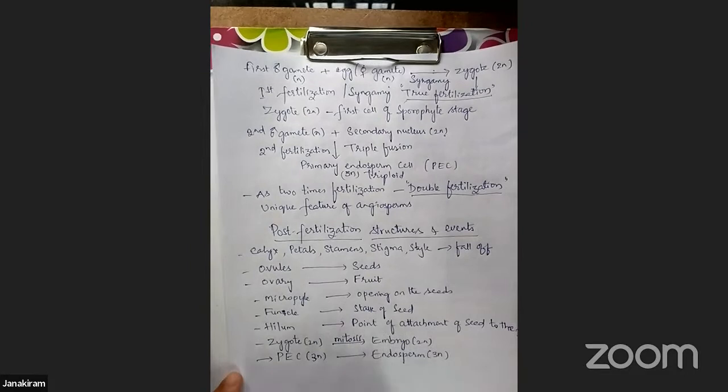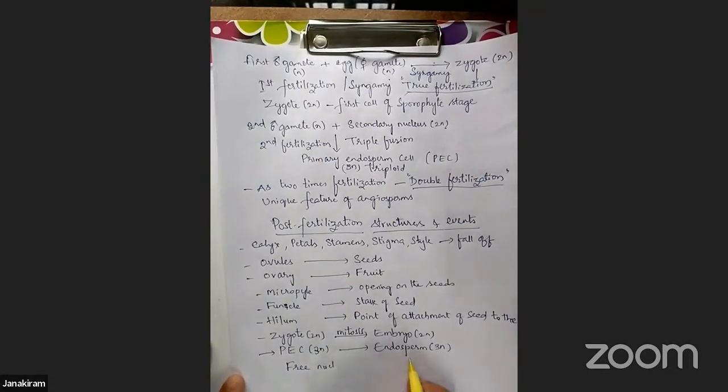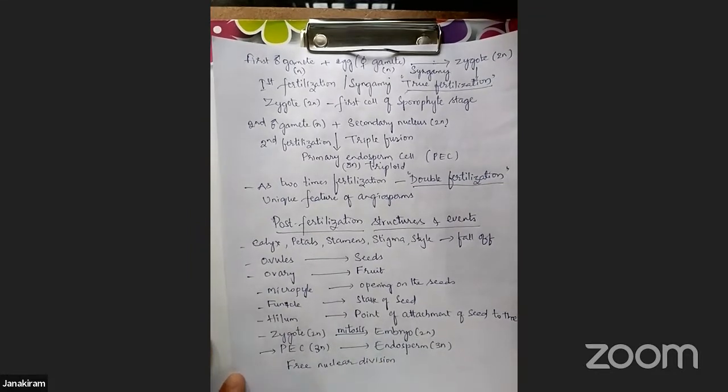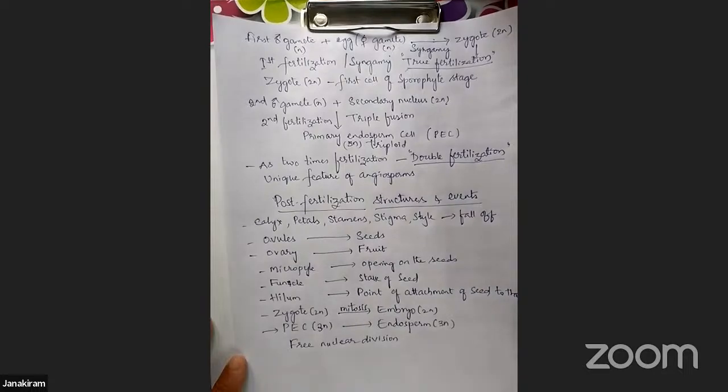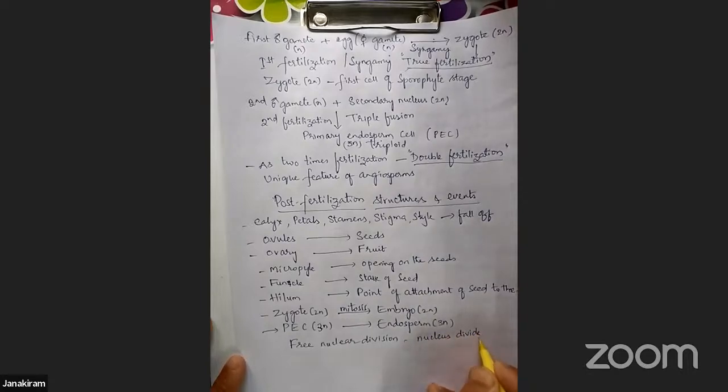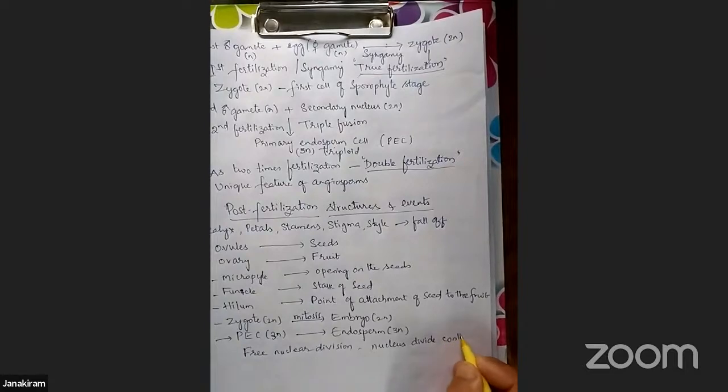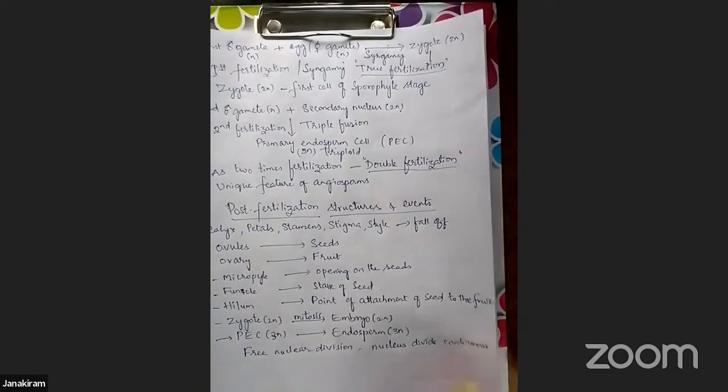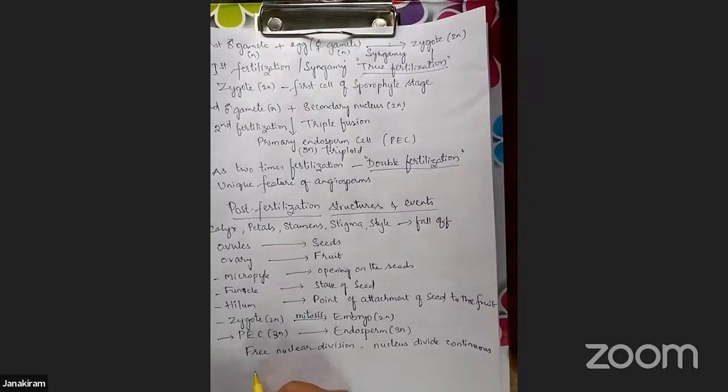During the formation of the primary endosperm cell into the endosperm, free nuclear division will be taking place. We had already discussed this process in the earlier classes. Free nuclear division means the nucleus divides continuously, leading to the formation of a multinucleated condition.